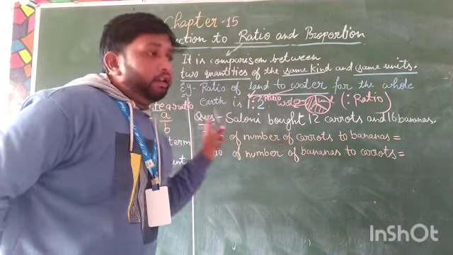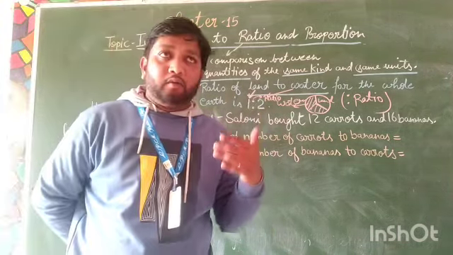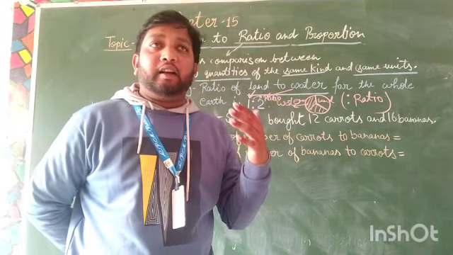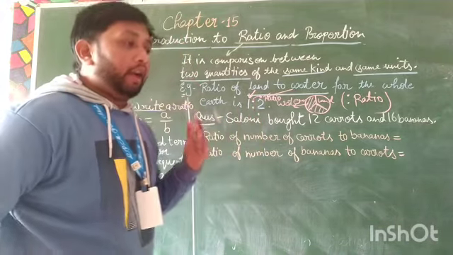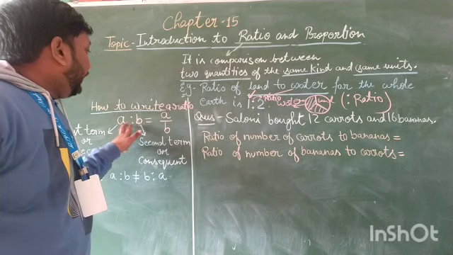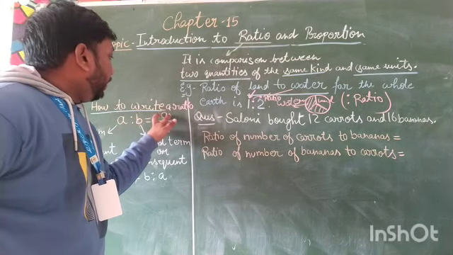We can write ratios in fraction form. If we write A ratio B, then we can write A upon B.